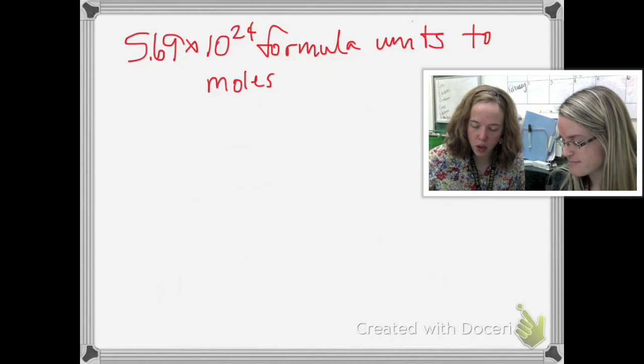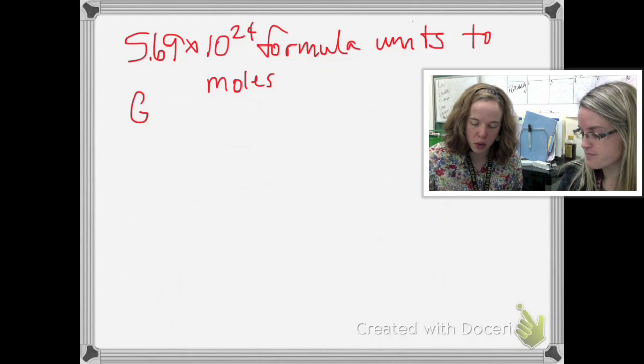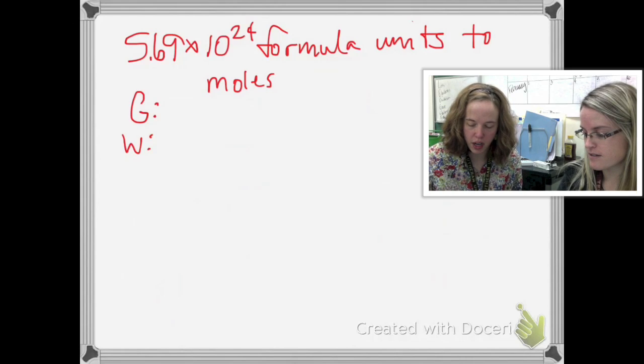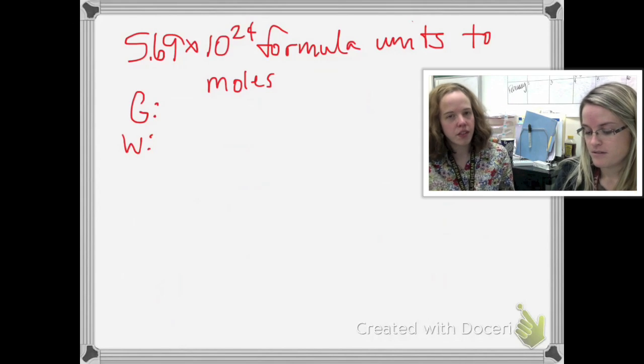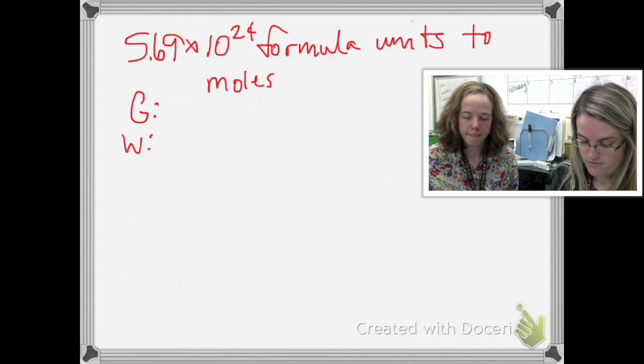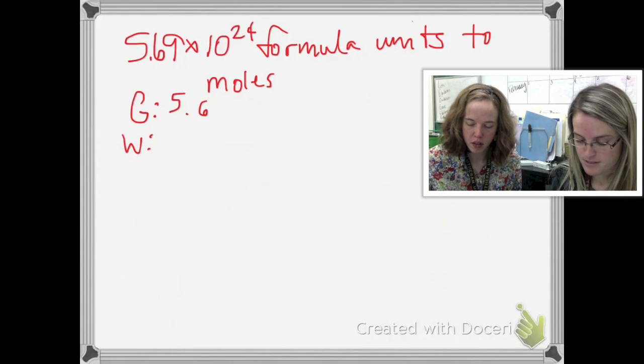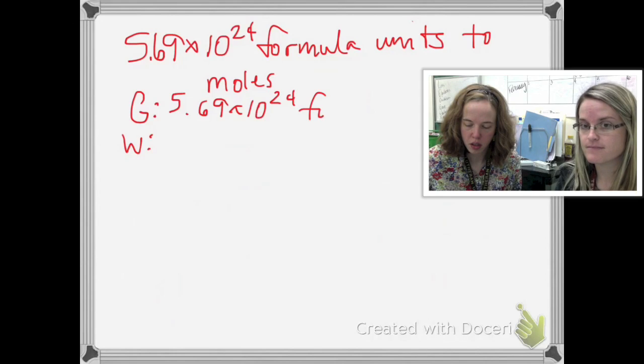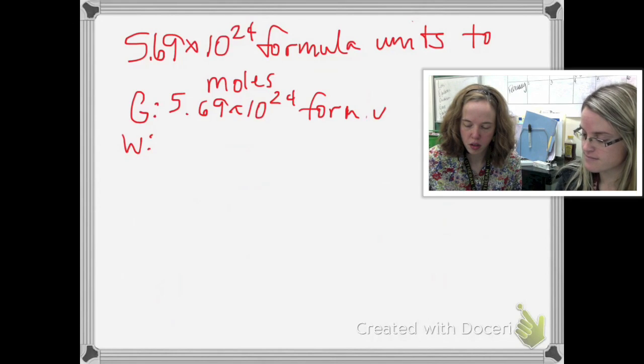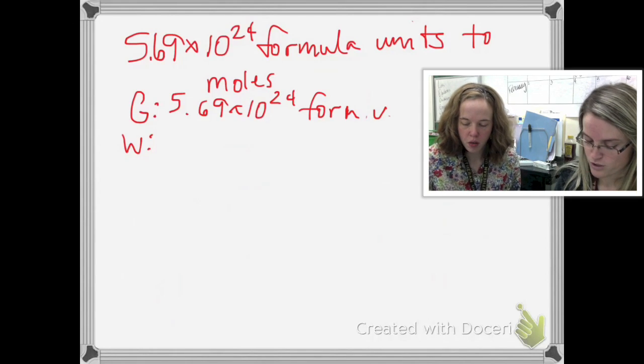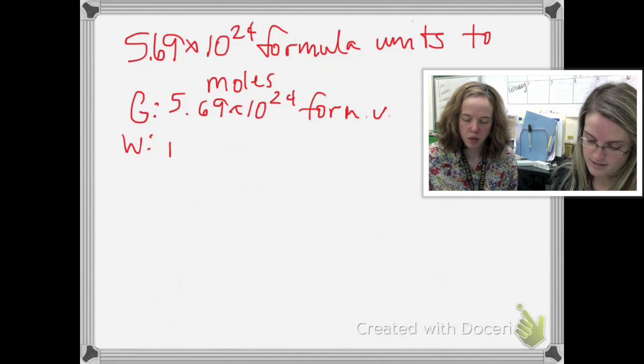All right, so we need to start like we did with our dimensional analysis with what we're given and what we want. So what are we given in this problem? We're given 5.69 times 10 to the 24th formula units. And we want moles.